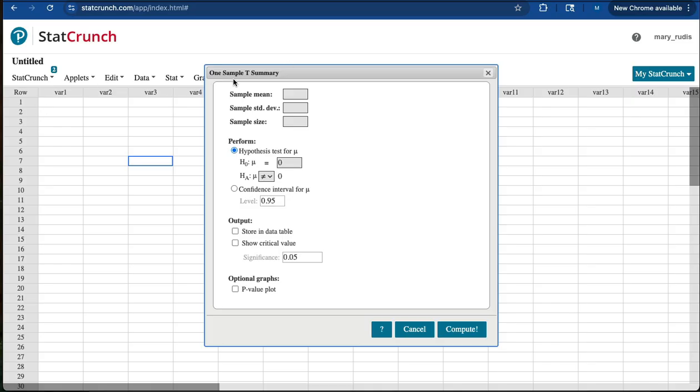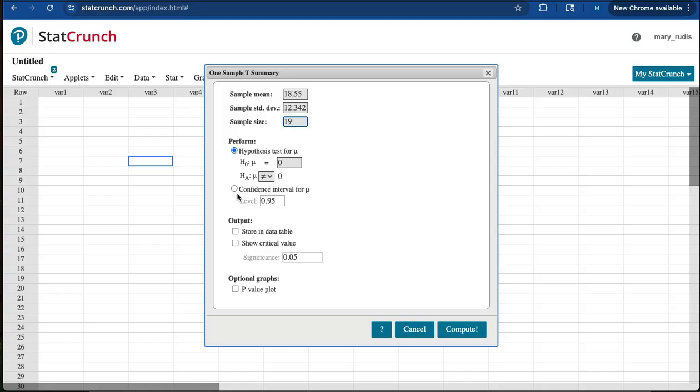So this is one sample T with summary data. I'm going to go ahead and plug in my sample mean, 18.55. The sample standard deviation was 12.342, and our sample size was 19.